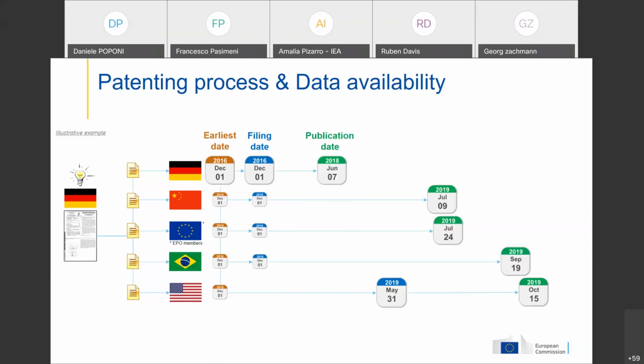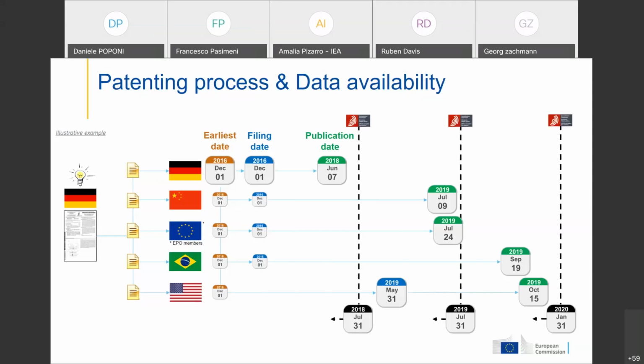Of course, we are aware of the content of these applications only when they are published, and they come at different times. We can analyze this data only when it is available. In this example, we see that the full picture of this invention will be available only in the spring version of PATSTAT 2020, which is the main data source that we use.